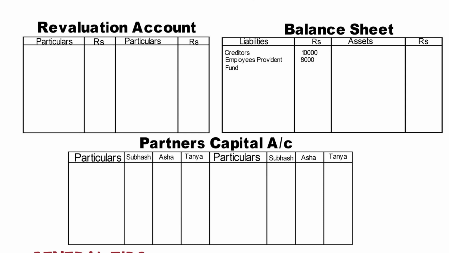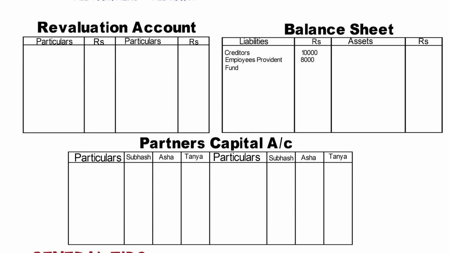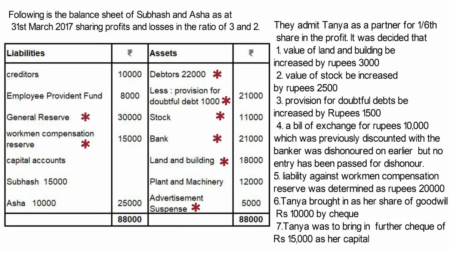General Reserve. General Reserve of Rs 30,000 will be distributed to the old partners in the old profit sharing ratio. Why? Because General Reserve was made with the efforts of the old partners. Therefore, it should be distributed to the old partners in the old profit sharing ratio. Workmen Compensation Reserve of 15,000.